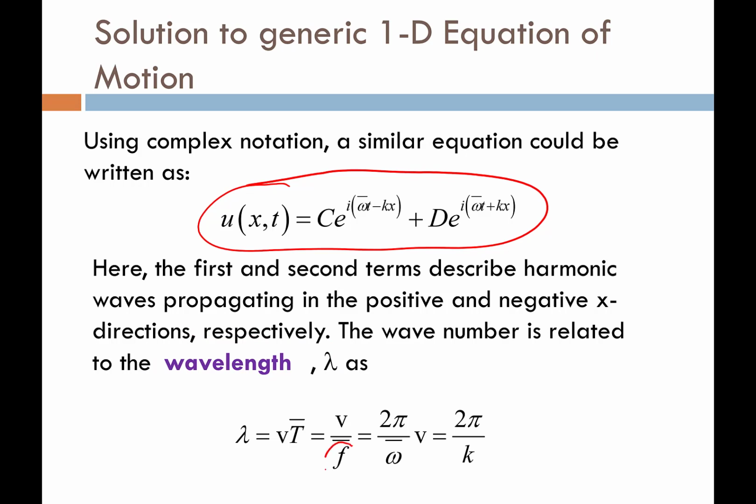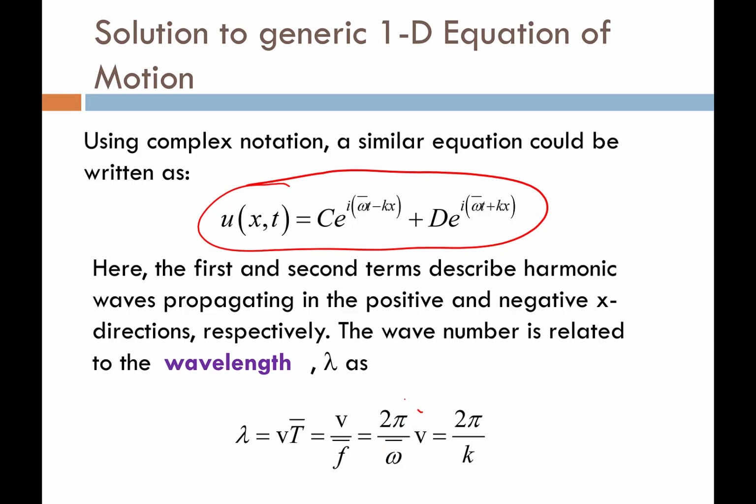So that wavelength of the waves traveling along my rod, we can relate it to different terms. We can relate it to the frequency of the waves, and that's just the propagation velocity divided by the frequency. We can relate it to the period of the waves, and that's the propagation velocity times the period of the loading. We can relate it to the propagation velocity and the circular frequency of loading.